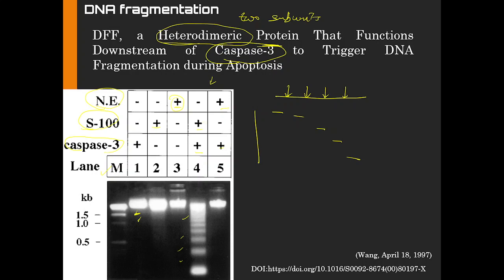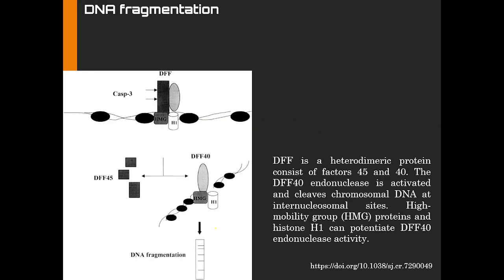A proposition is also given, which I have taken from another paper. In this paper, this is a summarized diagram. As you can see, they are saying that the DNA fragmentation factor consists of two subunits, DFF 45 and DFF 40, as you can see in this diagram as well. So they are in a complex.